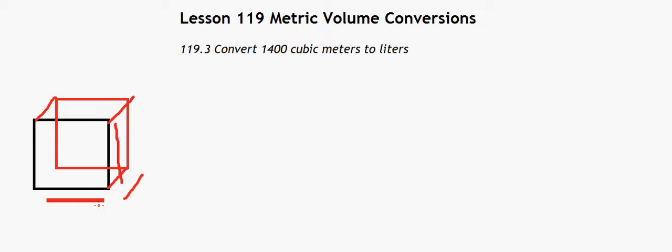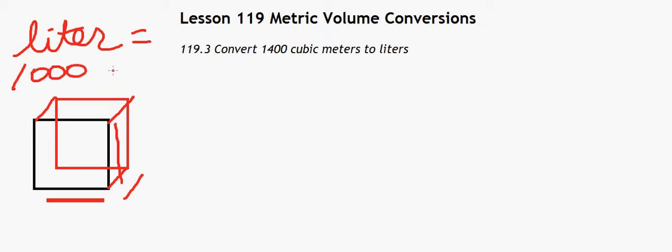And the metric system has a unit volume that's about the size of the US quart, which is another volume measure, and it's called the liter. And the liter equals, this will be useful to you, 1,000 cubic centimeters.